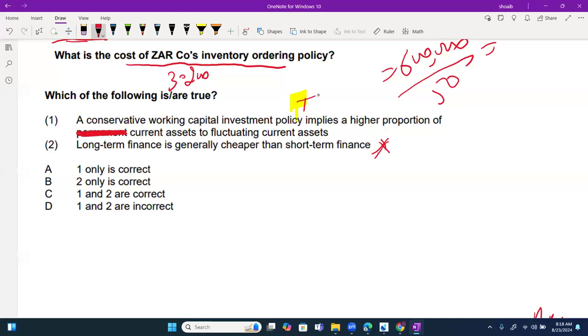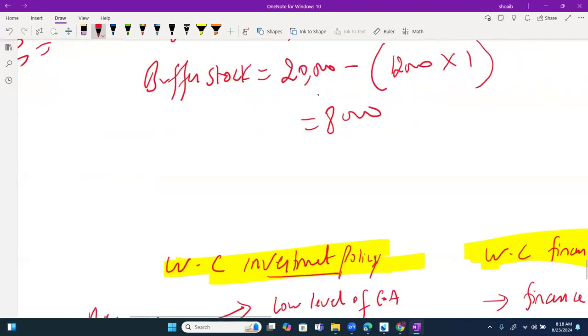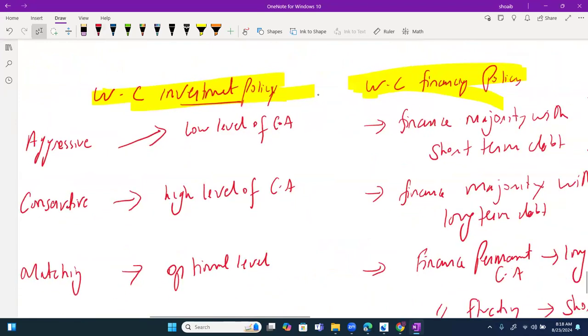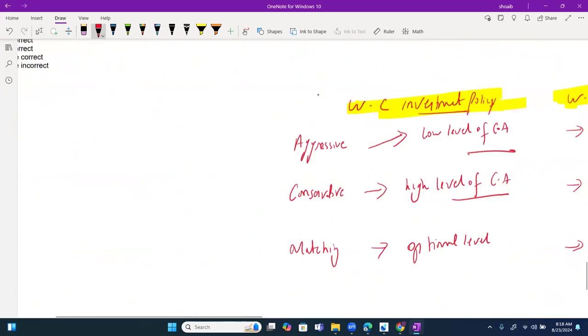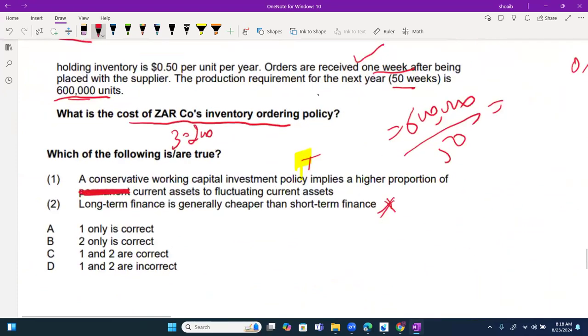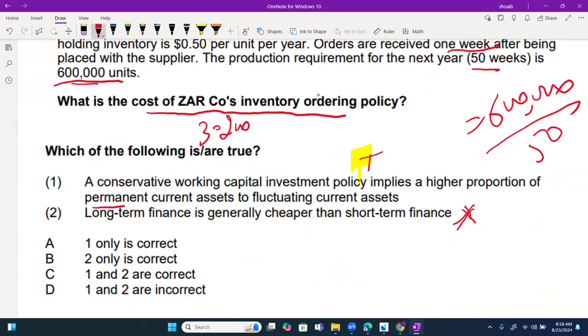Conservative working capital investment policy does not differentiate whether you should hold permanent or fluctuating. It only tells about the current assets. High level of current assets, low level of current assets. But the examiner is playing with words. The investment policy only tells about the level of current assets, not the permanent or fluctuating.